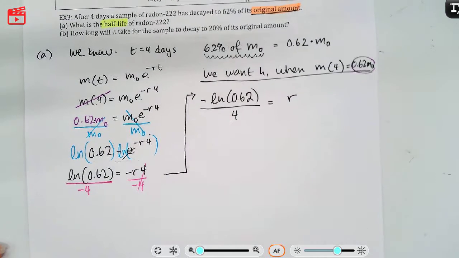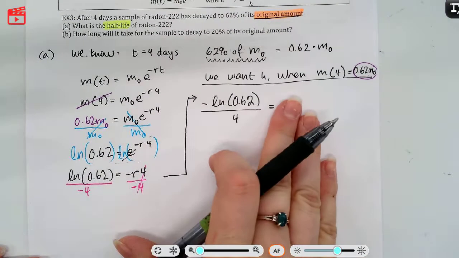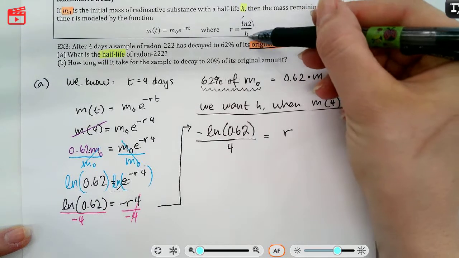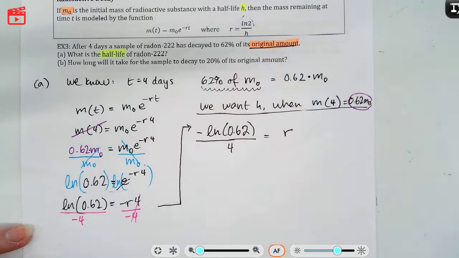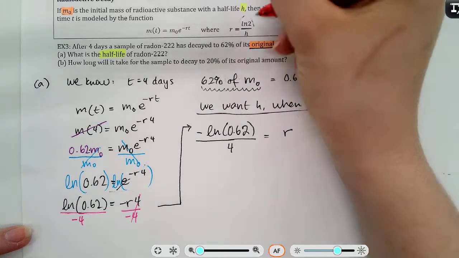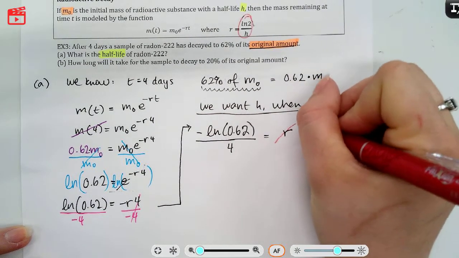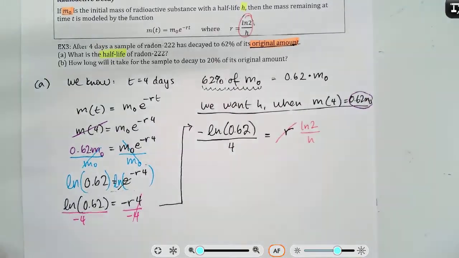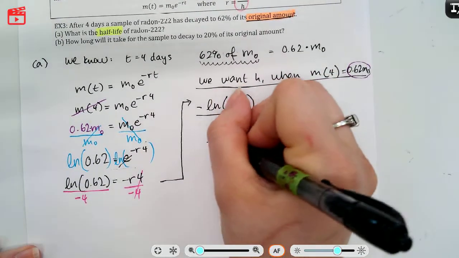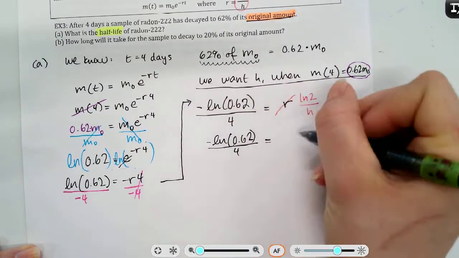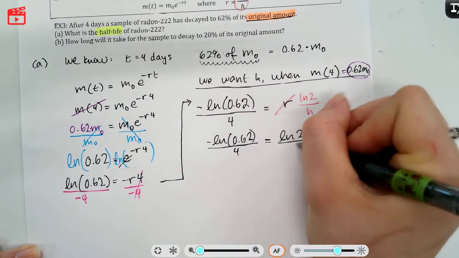But we were not trying to solve for r. We want to solve for h. However, we do know that r is the same as natural log 2 over h, so I can switch that out. So negative natural log of 0.62 over 4 equals the natural log of 2 over h.